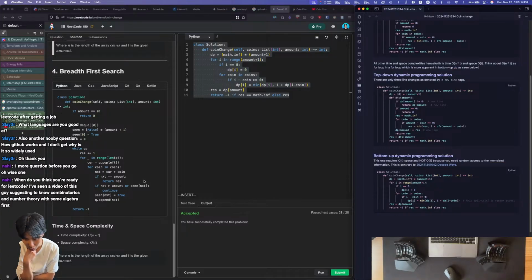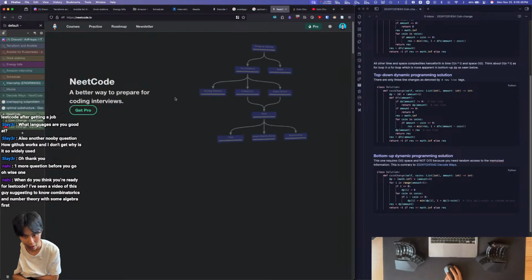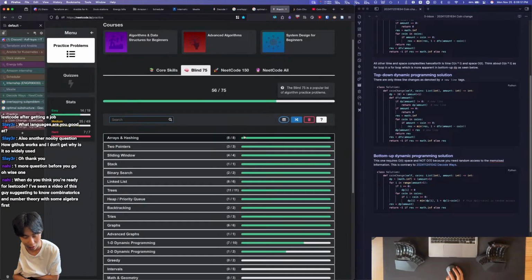When do you think you're ready for Leetcode? I've seen a video of this guy suggesting to know combinatorics and number theory and some algebra first. I think you're ready for Leetcode as soon as you understand basic programming in a certain language. Because the first ever Leetcode problem that you see in Leetcode 150 is arrays, and arrays is just as much as you need to know when you're starting out.